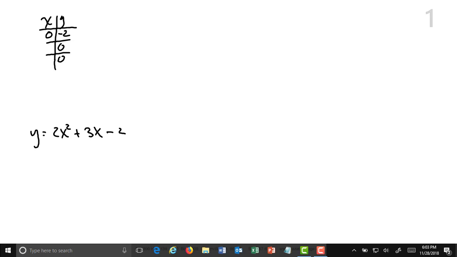Okay? All right, now. If we do it the easy way, what it's telling us to do is set y equal to 0. So I have 0 equals 2x squared plus 3x minus 2, yes? And I know that this is factors of 2, or 1 times 2, yeah? And this is also 1 times 2.